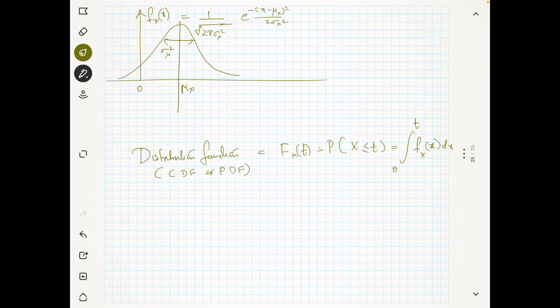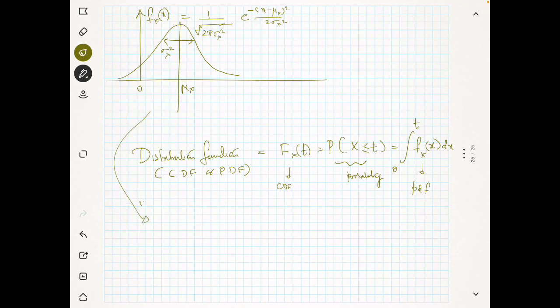So if I have a small pdf, that means the probability density function, I can easily find the probability, or the distribution, the CDF. How will it look if I integrate this?